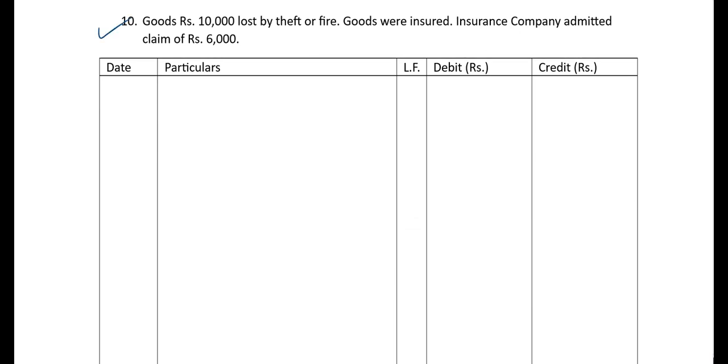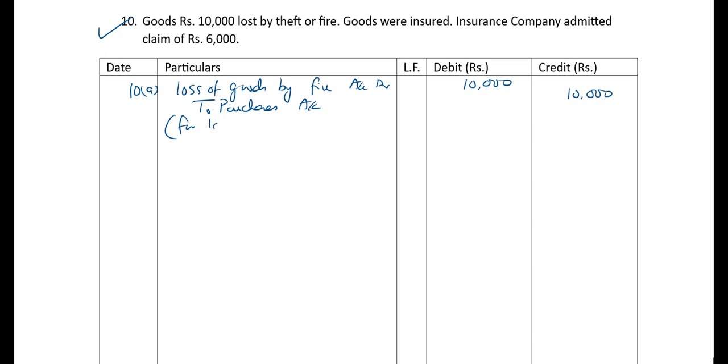The 10th transaction, goods of rupees 10,000 lost by theft or fire. Goods were insured and insurance company admitted a claim of 6,000 rupees. So the first entry is loss of goods by fire to purchases account for loss of goods by fire.